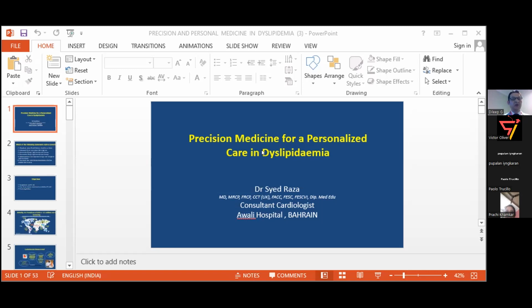And the most prominent figure that you see is the reduction in myocardial infarction mortality, which is a whopping 54% reduction just by the use of statin therapy and controlling the lipids to the lowest possible level as per the guidelines.